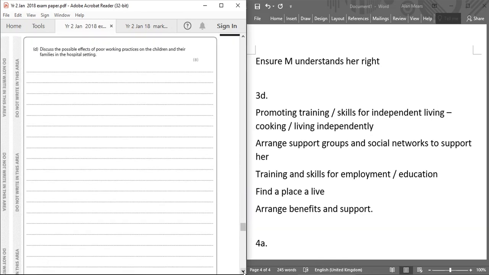And lastly, discuss the possible effects of poor practice on the children and the family in the hospital setting. This is an interesting question. It's about the effects of poor care. So the idea that children won't recover, illnesses could get worse, children and parents are put under undue stress or strain. They're not receiving the care and compassion from hospital staff. Children become very poorly and die.